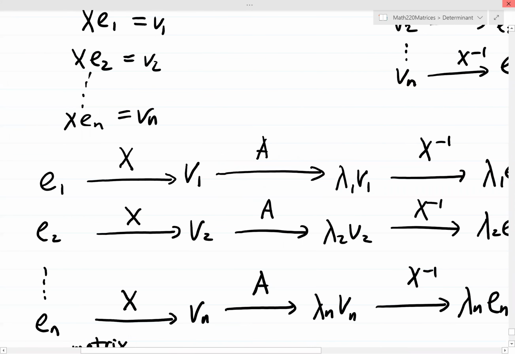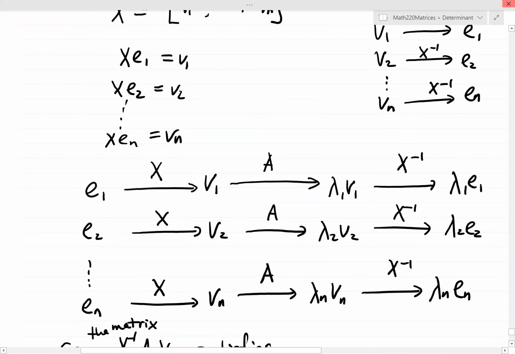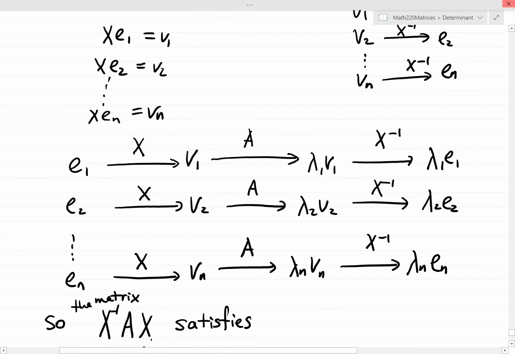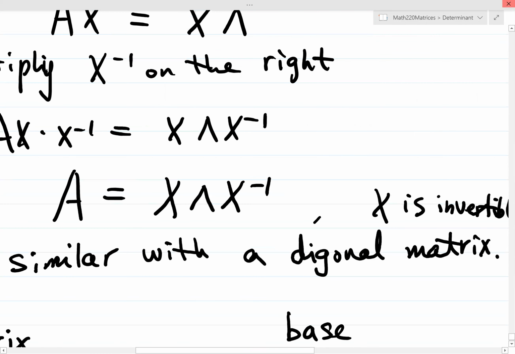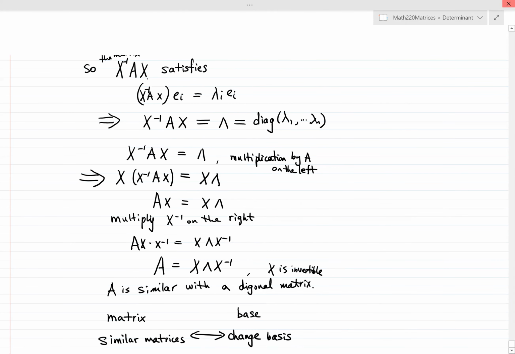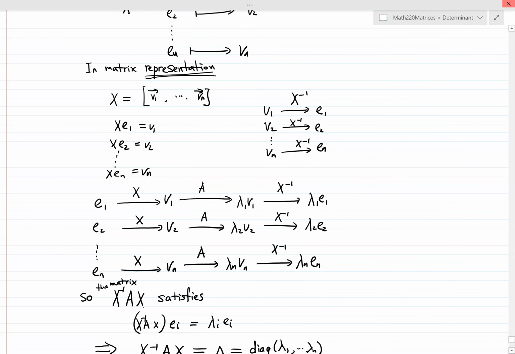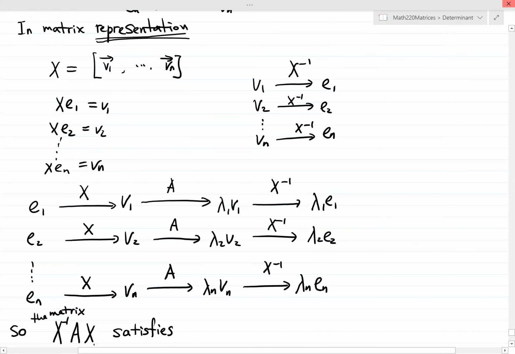Now we do this picture. We plug E1 into X, and we get V1. Then we plug V1 into the matrix A. Since V1 is an eigenvector of A, we get lambda 1 V1. Then we apply X inverse to lambda 1 V1, so we get lambda 1 E1.